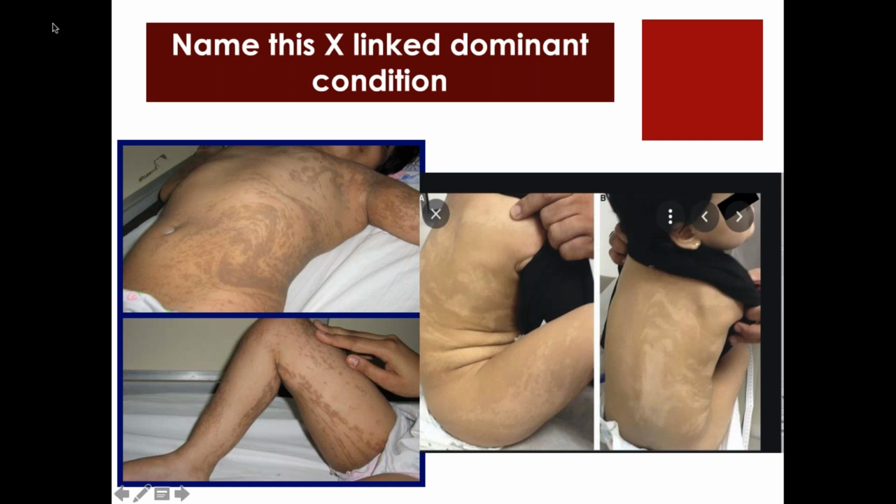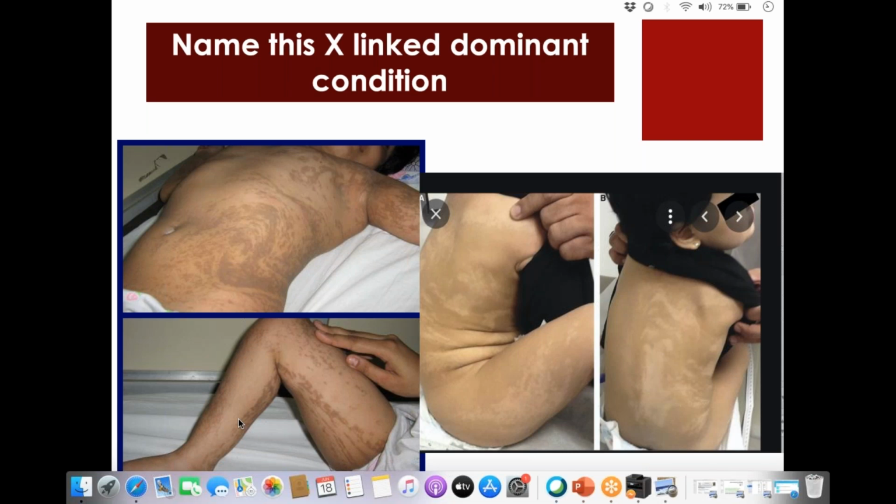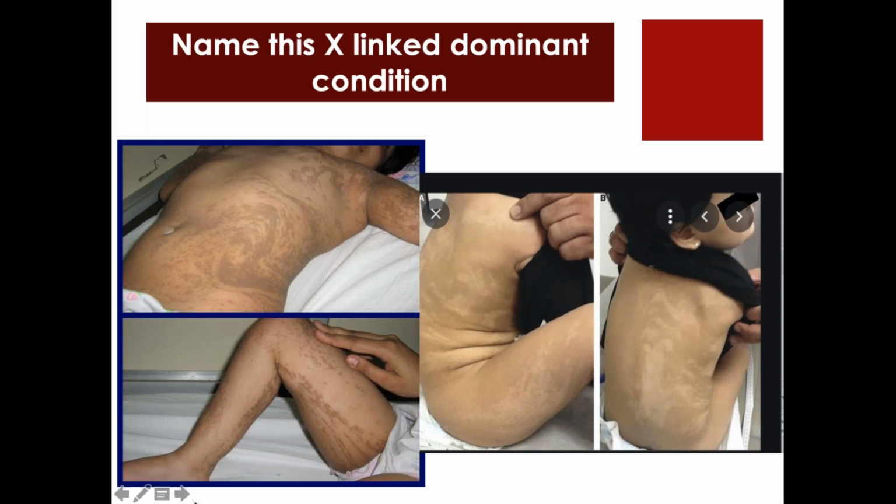Three of you correct. It is incontinentia pigmenti, one of the commonest X-linked dominant conditions. Since it is the skin, which is a mosaic for the X-linked dominant disorder, you may not get the answer on the genomic DNA. Here the condition is X-linked, but it is the skin fibroblast DNA which will give you the answer and not the genomic DNA.